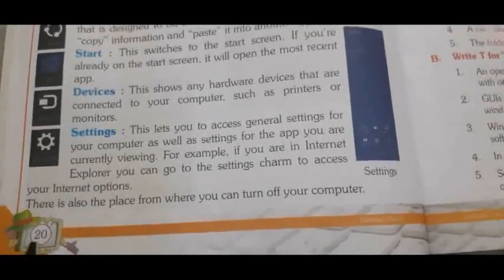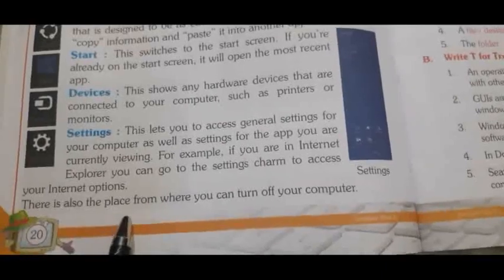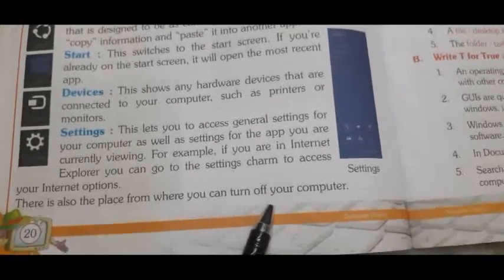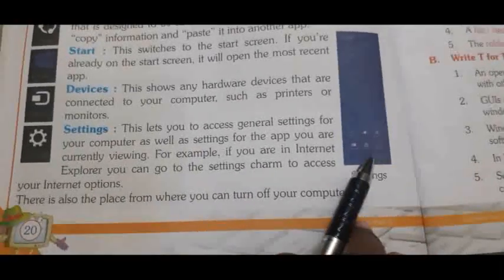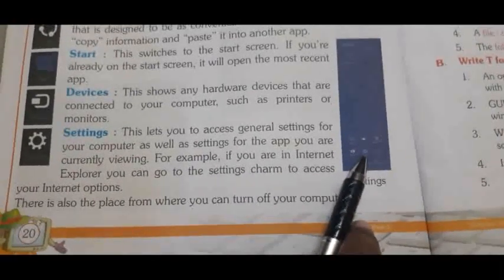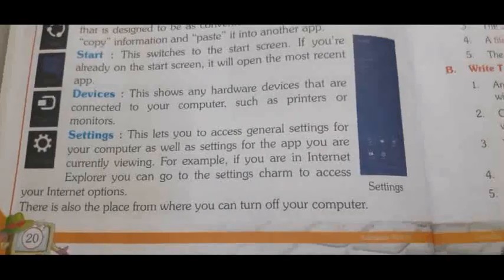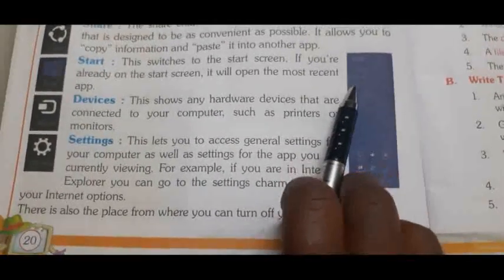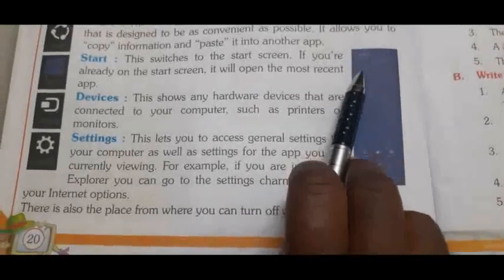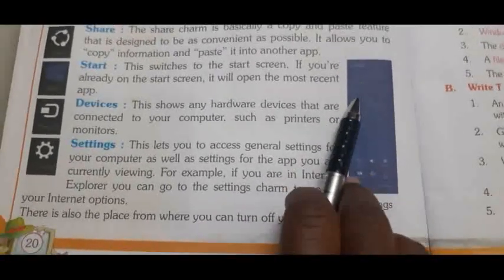Okay children, next, this is also the place from where you can turn off your computer. If you click on the settings charm, a screen like this will appear. Here these options are not seen well because it is dark.